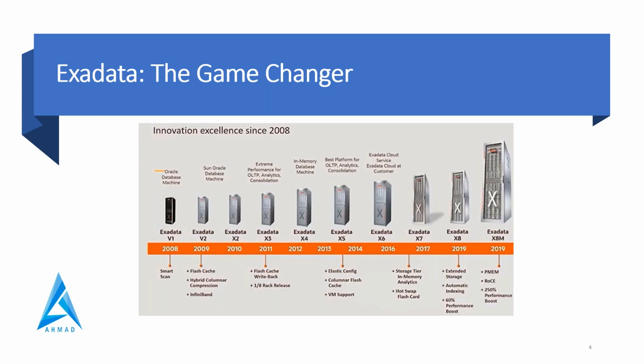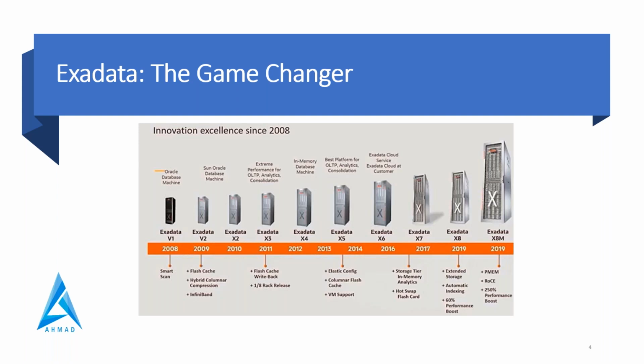And this innovation started in 2008, where Exadata version 1 or V1 was introduced, and that was the Oracle Database Machine. The focus there was smart scan. That was a good feature which was introduced in that.